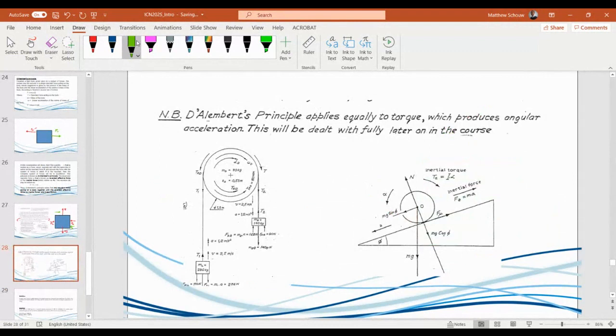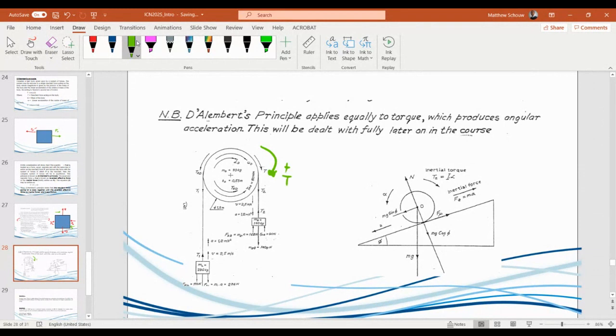The important note here says that D'Alembert's principle applies equally to torque, which produces angular acceleration. This will be taught fully later on in the course, and it is very important to understand. There will be two examples. One example would be some kind of hoist lifting up some masses, and if it's rotating, the torque is going up.